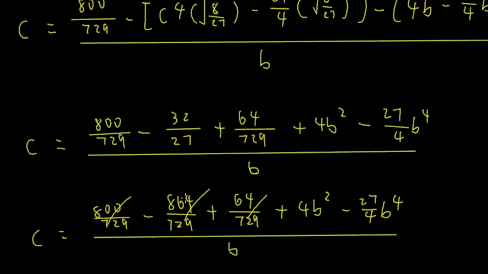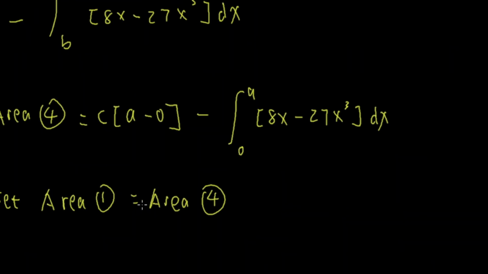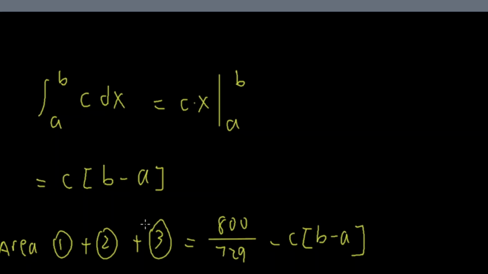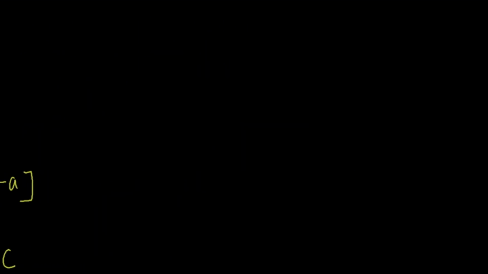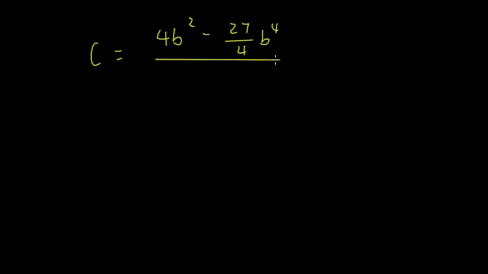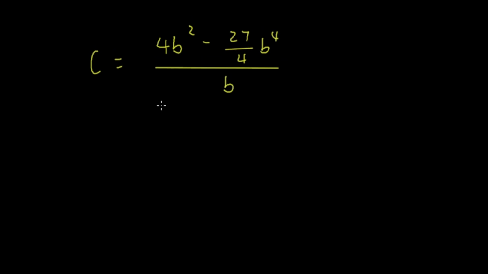That's equal to c. Okay, let me write here. And of course, we can cancel our b here. We have c equals 4b minus 27 over 4b to the cube.